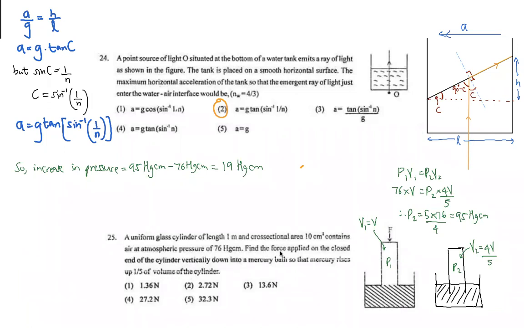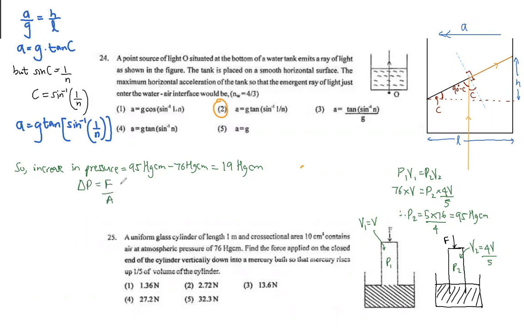We are supposed to find the force applied. The increase in pressure happened due to the force we apply. We are applying a force here, and due to that force only, the increase in pressure happened. So what is the equation for force then? Change in pressure is equal to force over area.